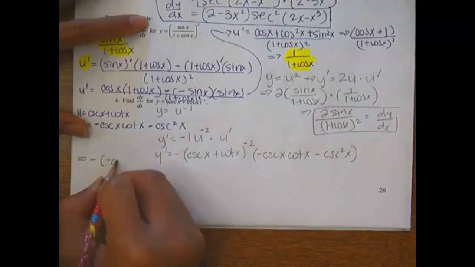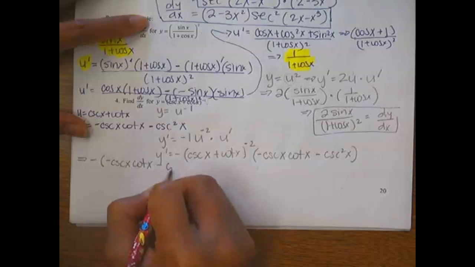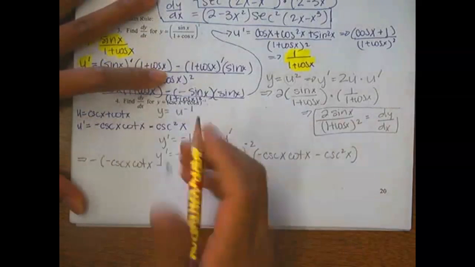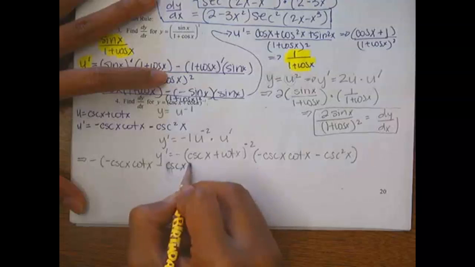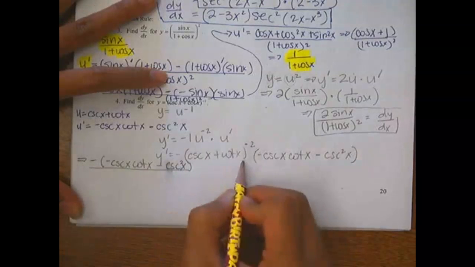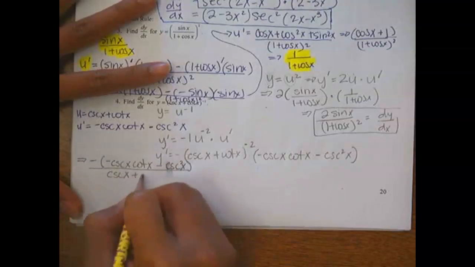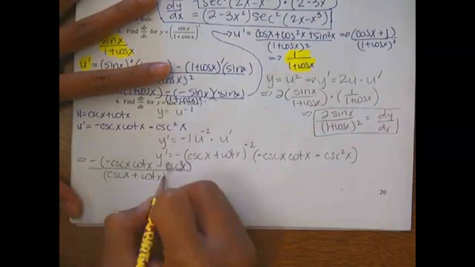So negative cosecant of x times cotangent of x, negative cosecant squared of x, all over. This has a negative power, which doesn't look very pretty, so we are going to move it to the bottom.